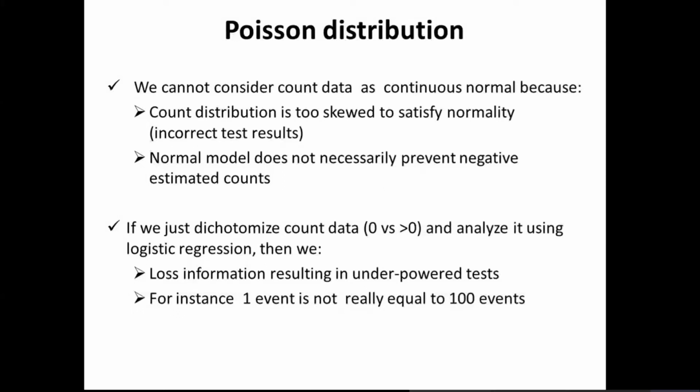And don't dichotomize to use logistic regression or any categorical data analysis, because you are losing information. It's not fair to treat someone with a CD4 count of 499 and one with 0 CD4 count the same. So rather use the appropriate model, the Poisson distribution, or models that use it, such as Poisson regression.